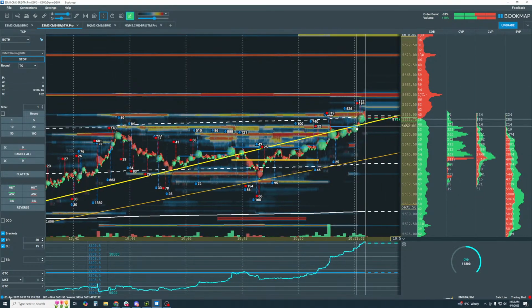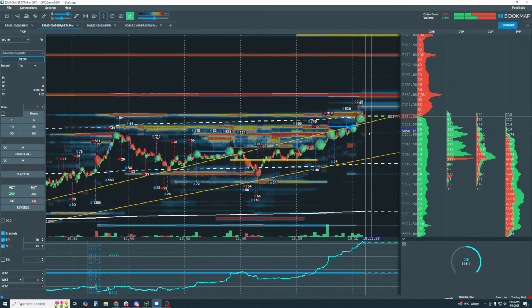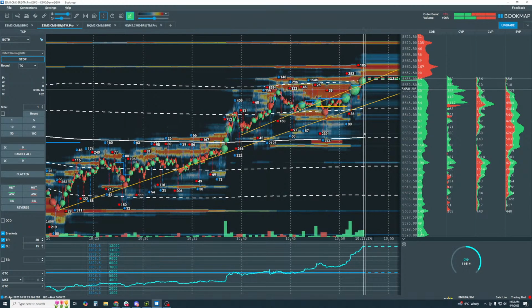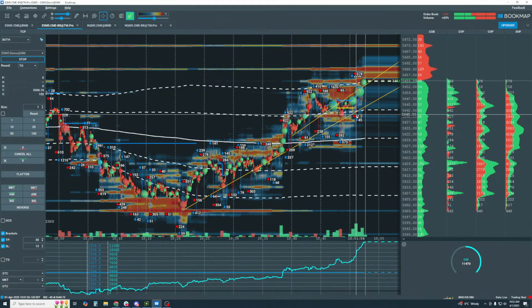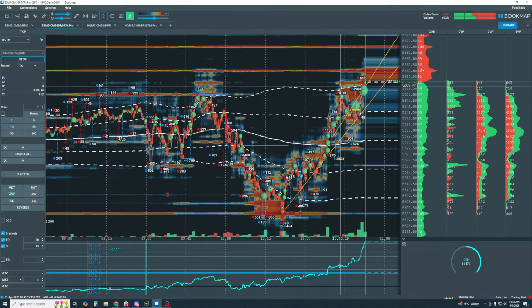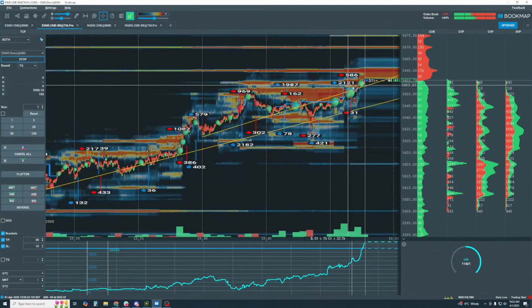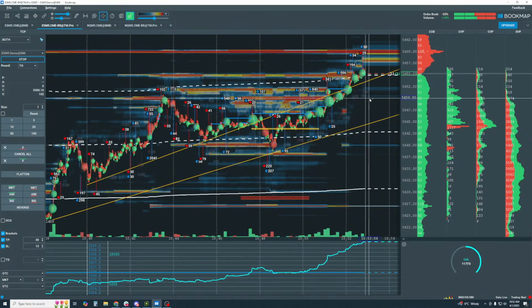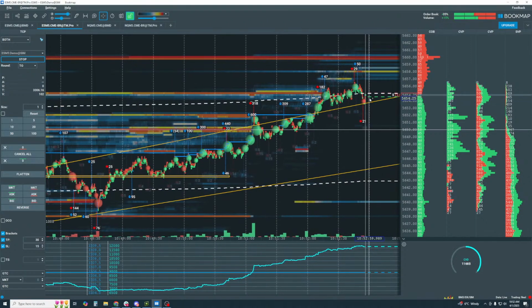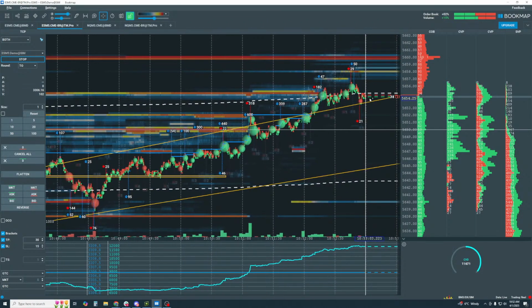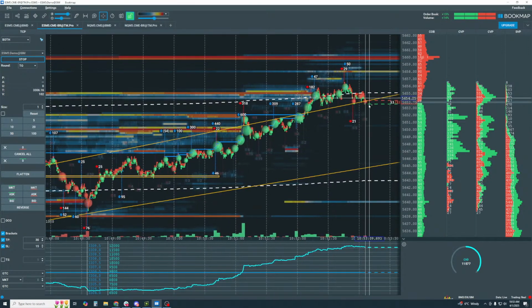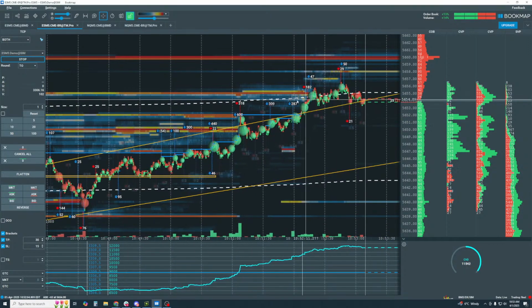Okay, trading 55 liquidity. Hitting the second standard deviation here on the VWAP.